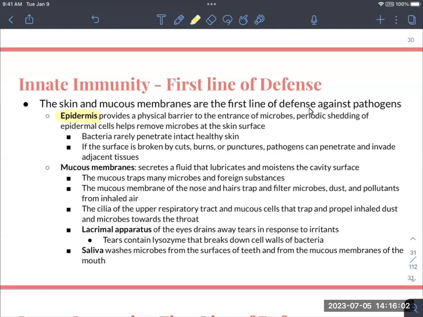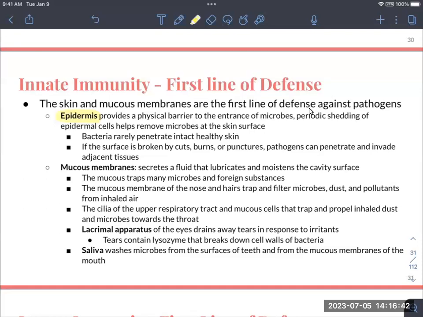Your skin is there as a primary physical barrier to stop microbes from getting in, and we're shedding layers of our skin all the time. So that helps to remove any microbes from our skin, our system. It's very hard for bacteria to actually get through healthy skin.